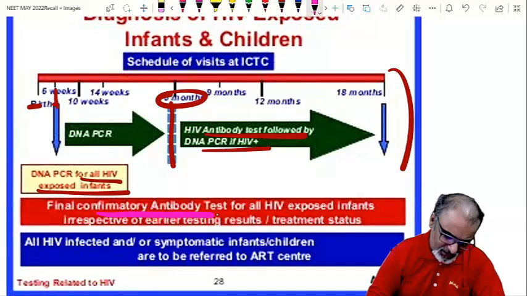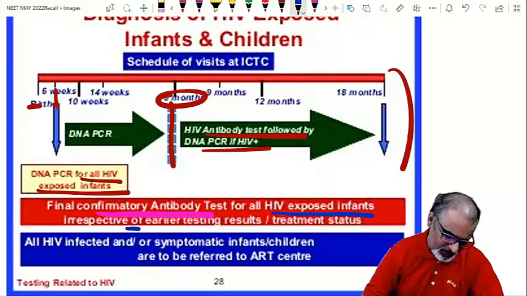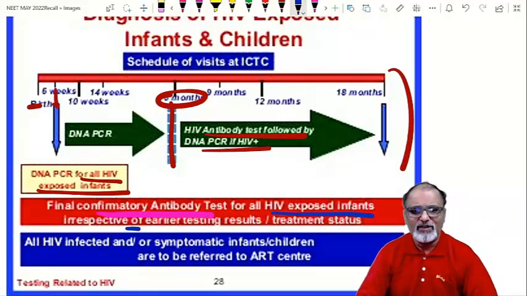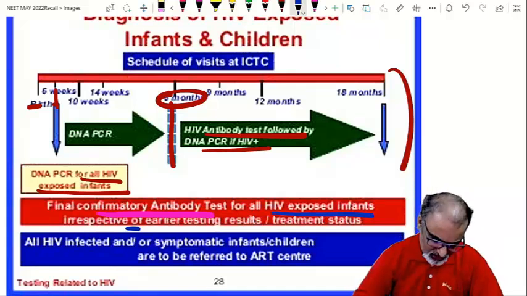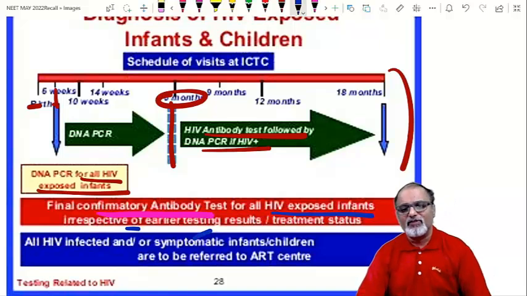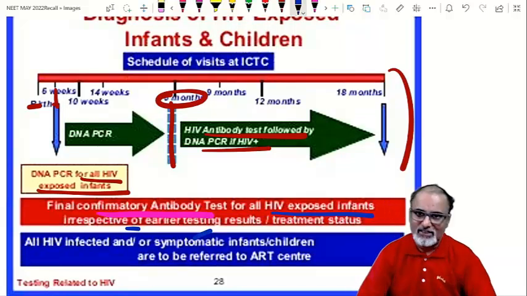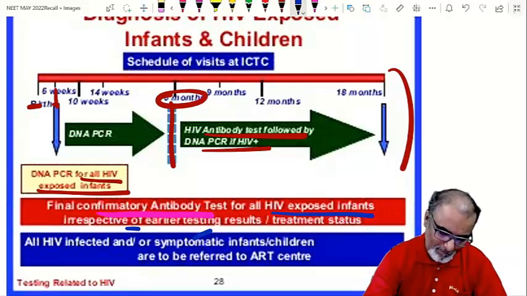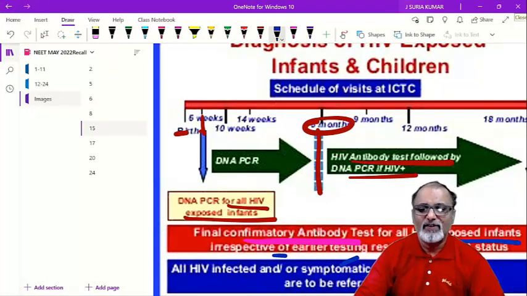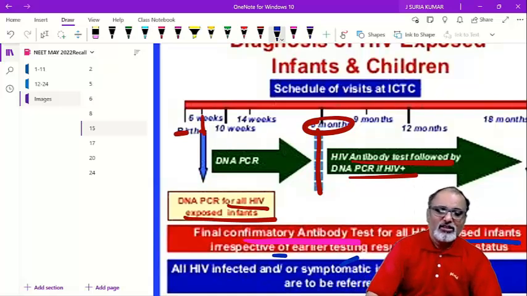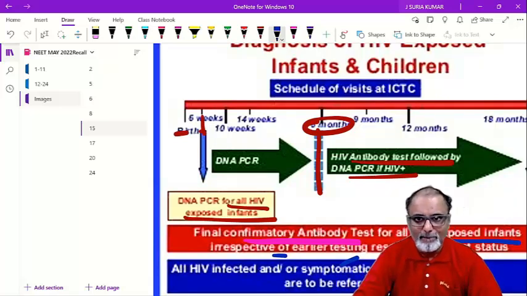Final confirmatory antibody test for all HIV exposed infants at 18 months, irrespective of the early test, whatever it may be. All infected, symptomatic children need to be referred to the ICTC or ART center for further management. Any HIV infected child, you can send to the ART center.